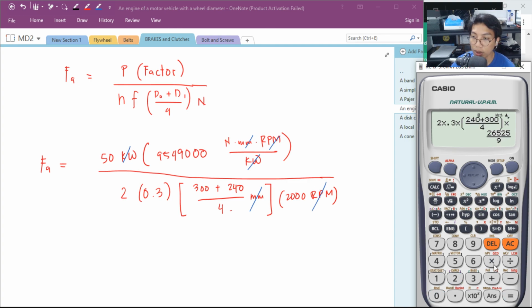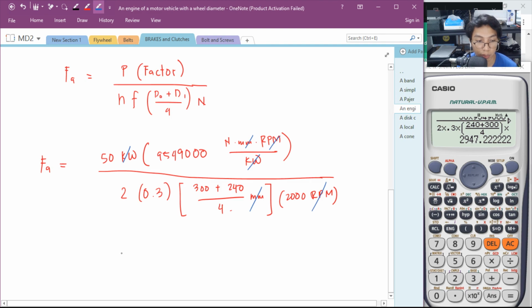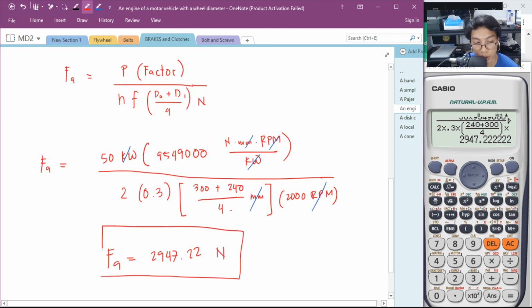The answer is 2947.22. FA, 2947.22 newtons for the applied or axial force. Okay. So that will be the first part ng sample problems natin. The other three will come after this.